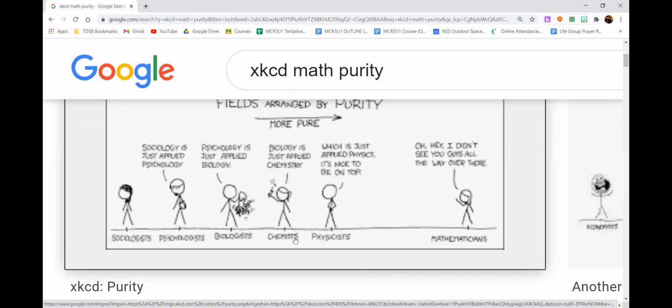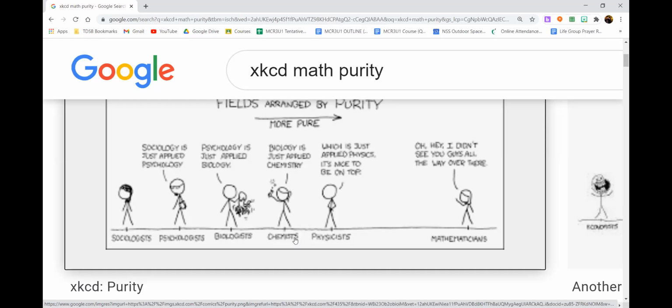Application of how people think in their brains. Psychology. And there's a biologist that says, psychology is just applied biology. Because the brain is part of the human body and there's chemicals and stuff that's involved. Which is true. And a biologist right next to it is a chemist saying biology is just applied chemistry. The biology only works if you understand atoms and neurons and how neurotransmitters fire in your brain.